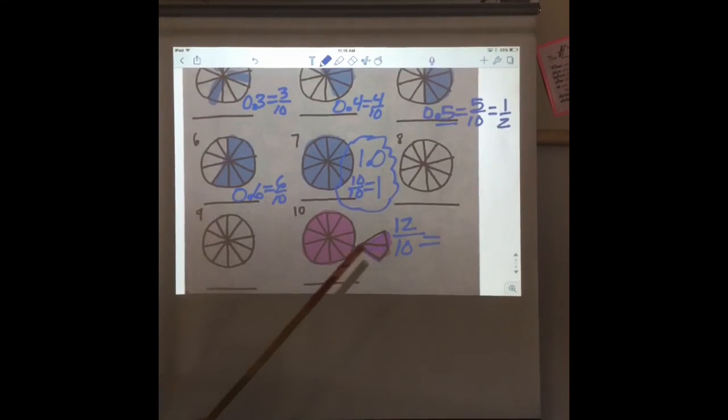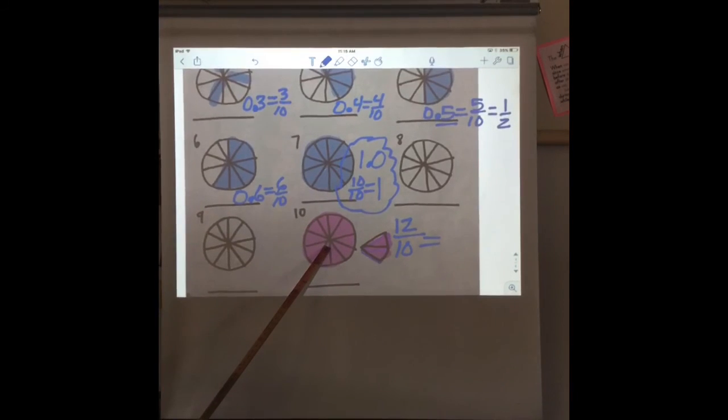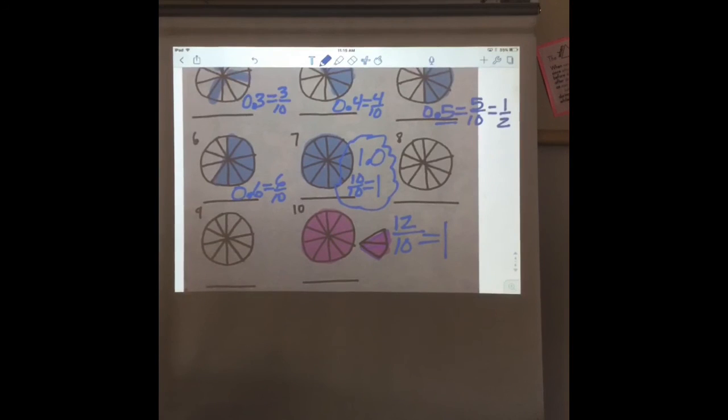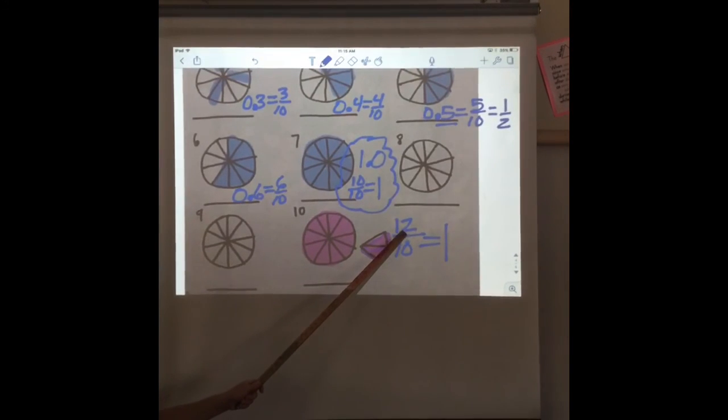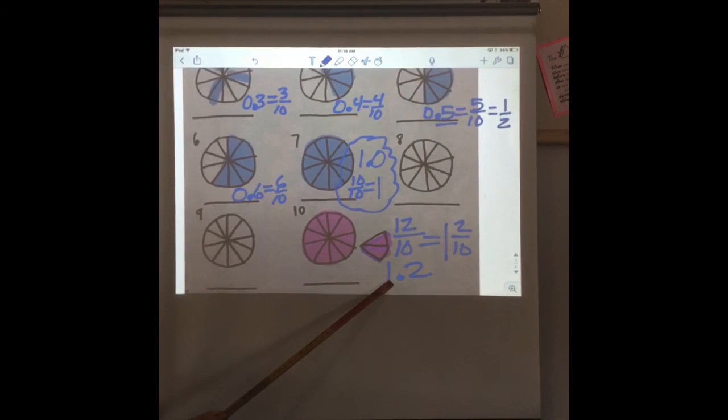That means I have 1 whole, right? Yes. How do I write it out? I write a big 1, and look at that, 2 tenths, right? And if I wrote it out as a decimal, I would write it as 1.2. Good job, you guys.